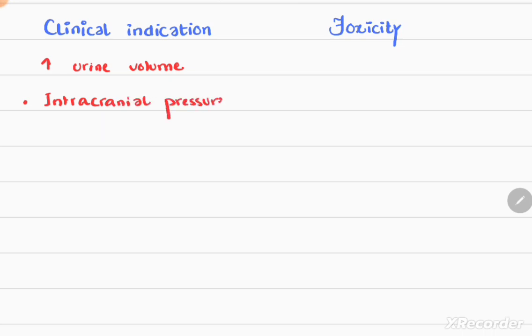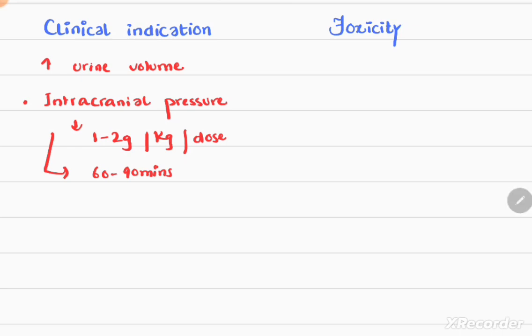When there is increased intracranial pressure and we prescribe mannitol, it is given in a dose of 1 to 2 gram per kg per dose, and the dose can be repeated every 6 to 8 hours. It decreases the intracranial pressure in 60 to 90 minutes. This is a very good drug that is used in these kinds of emergent situations.